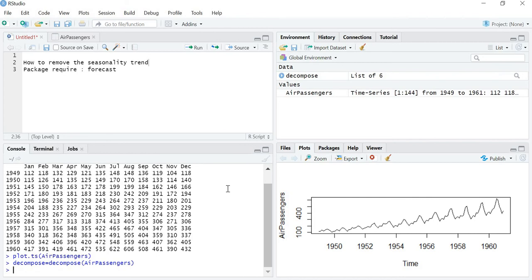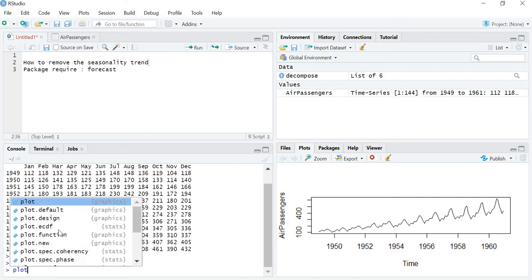So my data of AirPassengers is decomposed. Decompose means I have separated the original series, the trend available in this series, I have separated the season also, and I have separated the random also. So let's see. First of all, let me plot it.